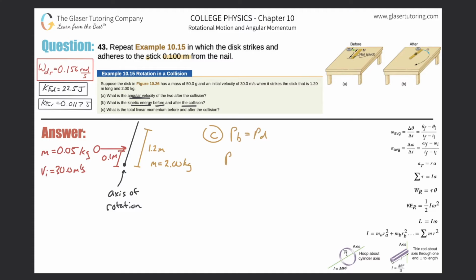The momentum of the disk is equal to the mass of the disk multiplied by the velocity of the disk. The momentum of the disk is then equal to 0.05 times 30. That's easy. PD is equal to 0.05 times 30. It should be 1.5, yes, 1.5, in units of kilogram meter per second.